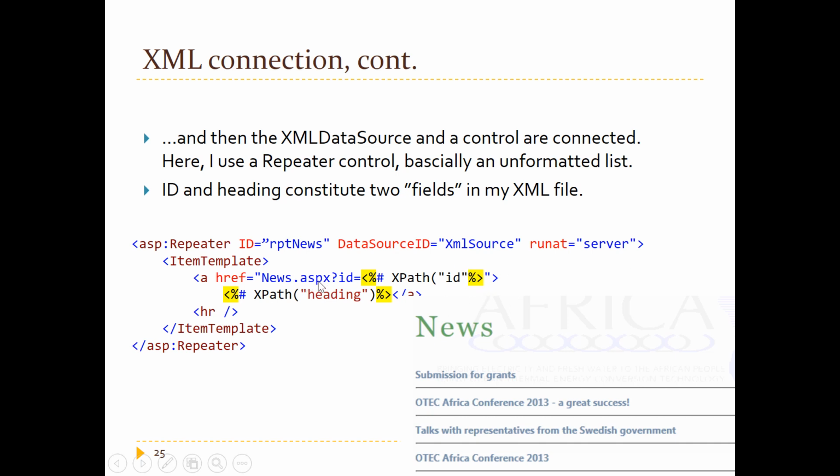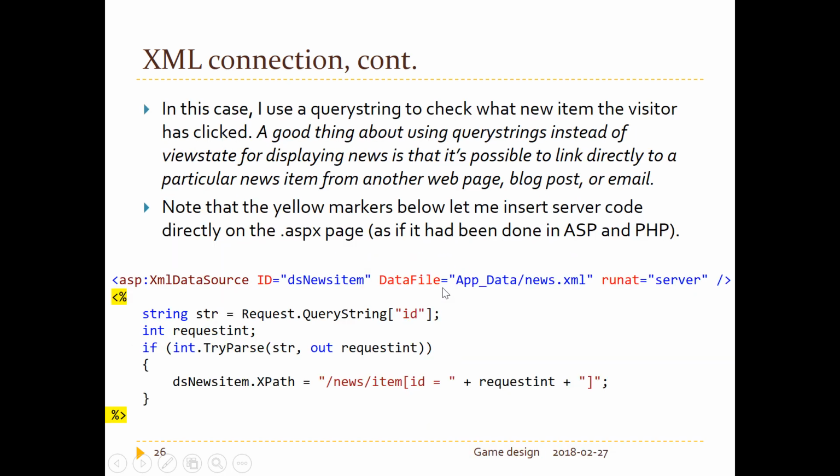So news.aspx, which is the page I'm on, question mark ID equals the ID of the news item. And then I have some code to show this particular news item. It doesn't really matter, this is just to retrieve the query string.